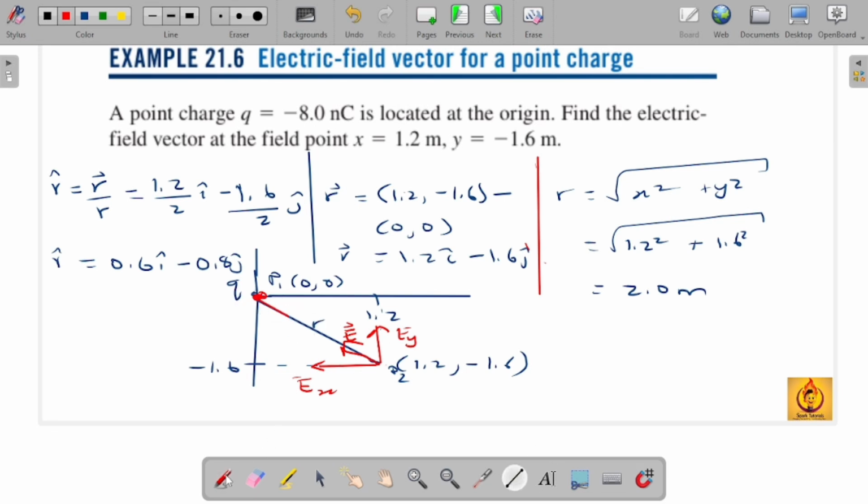Our vector, yes, is from the origin to the point. This is R. To find the vector from here to here, we subtract this one from this one, final from initial. Our final is 1.2, negative 1.6 minus 0, 0.